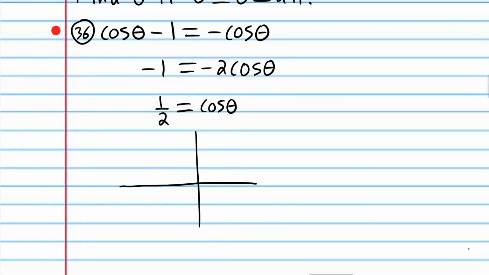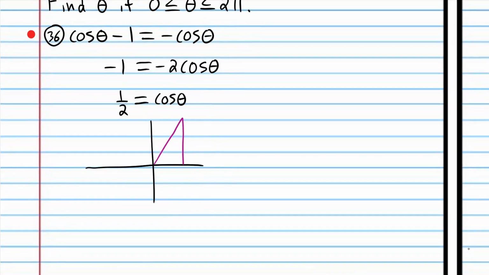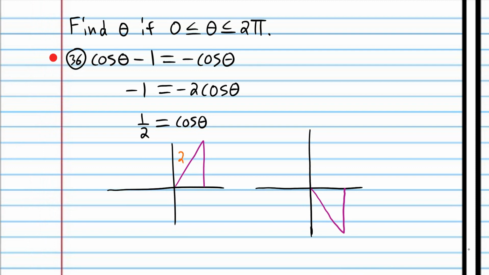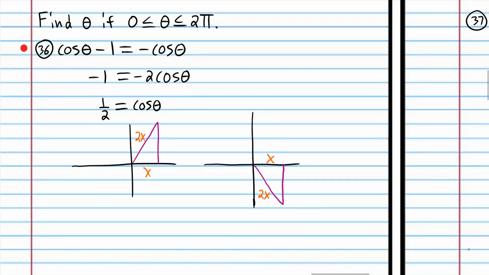Cosine is positive in the first quadrant, but it's also positive in the fourth quadrant. And the hypotenuse is 2x, and cosine is adjacent over hypotenuse, so the adjacent side is going to be x, and the opposite side is x root 3, of course. Over here it's going to be negative x root 3.